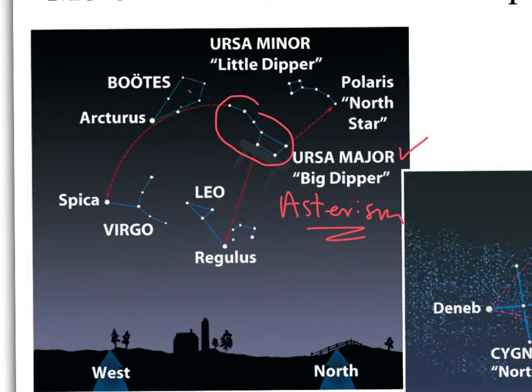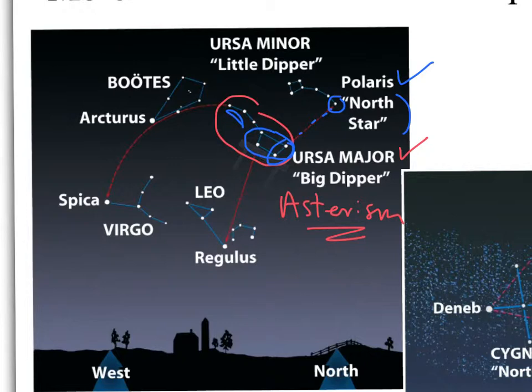If you can find the Big Dipper, then you're on your way to finding the North Star, or Polaris, right now. So you focus on the bowl part. That's the bowl part, this is the handle part. You focus on the far two bowl stars in the Big Dipper, and you go up. They will direct you to not a really bright star, but a moderately bright star called Polaris, and right now it is our North Star because the Earth's North Pole axis of rotation is always directed towards Polaris.